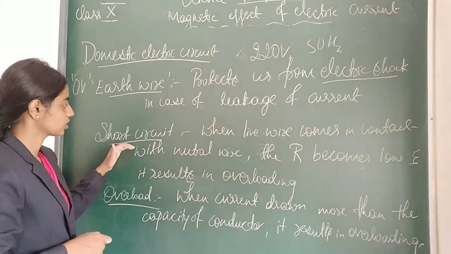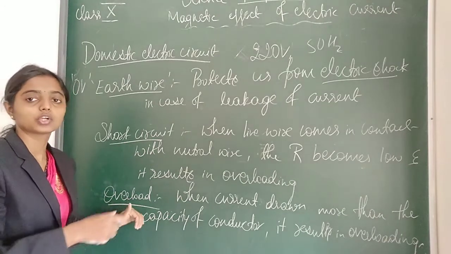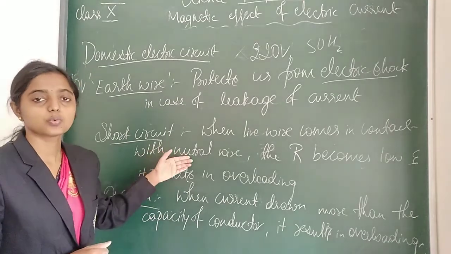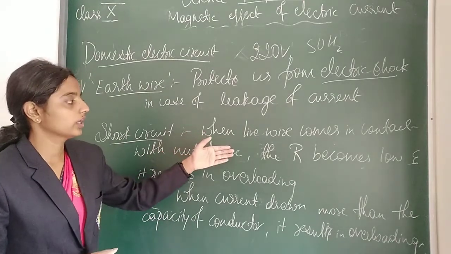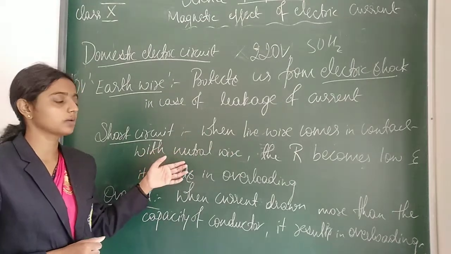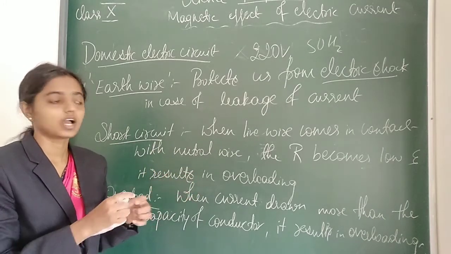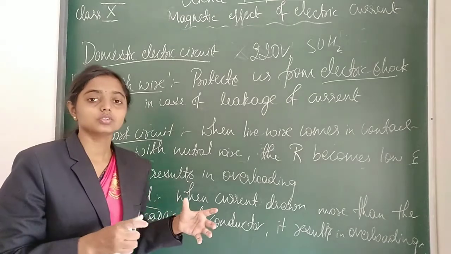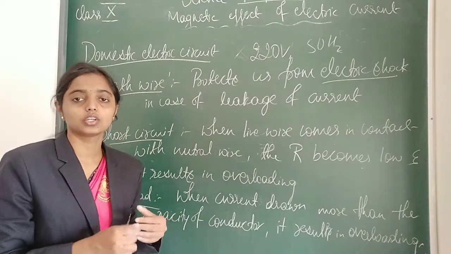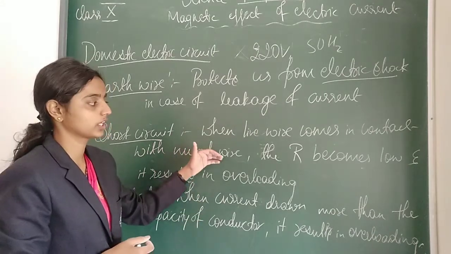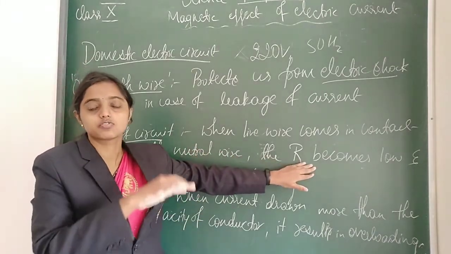Next, we already know what short circuit and overload are. You can use the same definitions we learned in the electricity chapter. Short circuit is the situation when the live wire and neutral wire come in contact, which is an accidental case. Usually they are designed not to come in contact with each other. Only in accidental cases will they come in contact, and then the resistance becomes low.